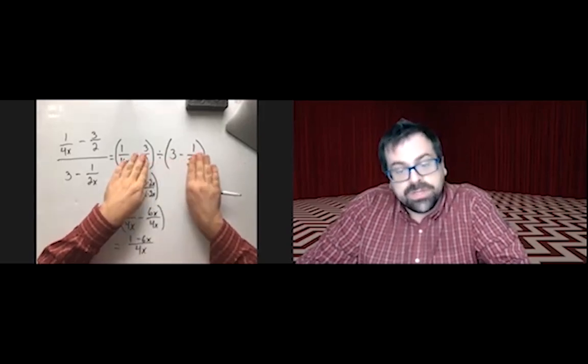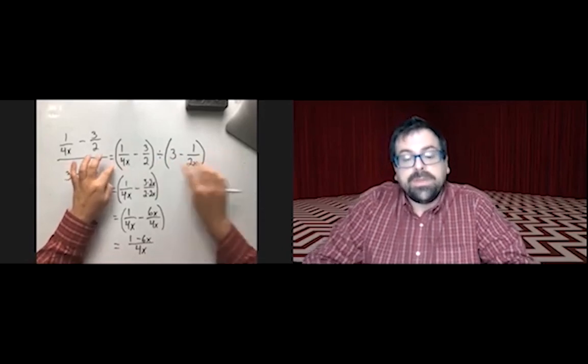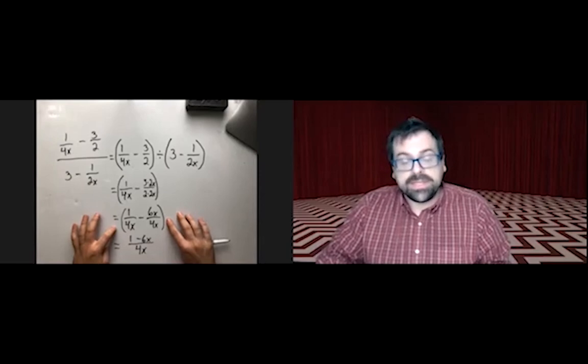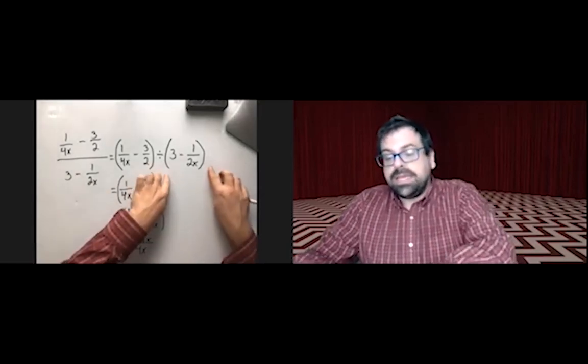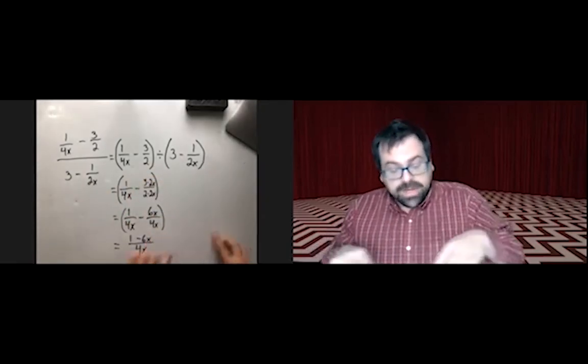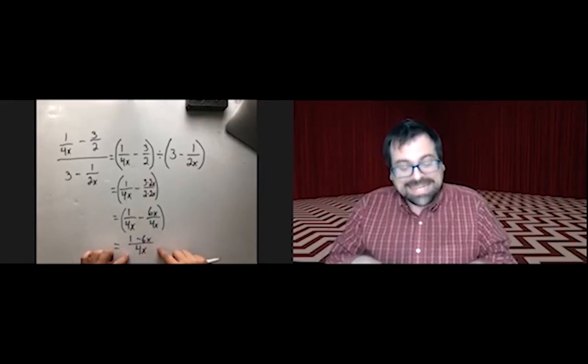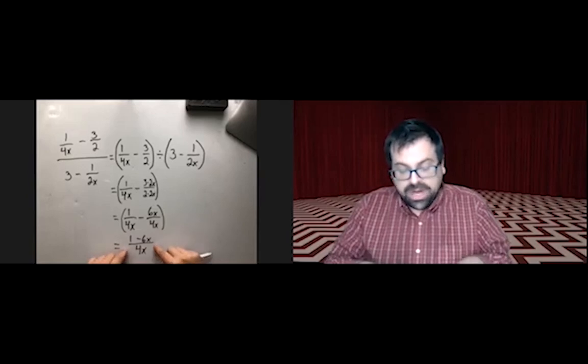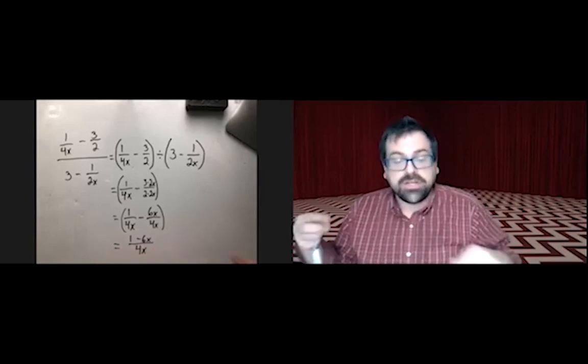So to make sure we do this correctly, if we write it like this right off the bat, we need to keep it in parentheses for the numerator, keep it in parentheses for the denominator until we get to a single fraction, until we have fraction divided by fraction.